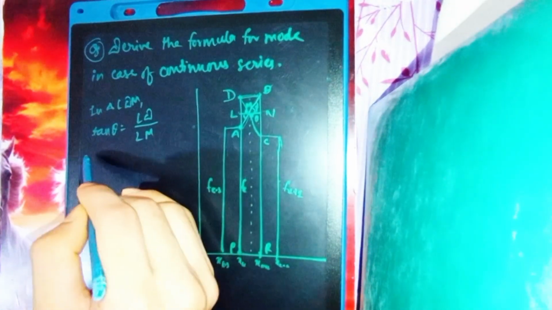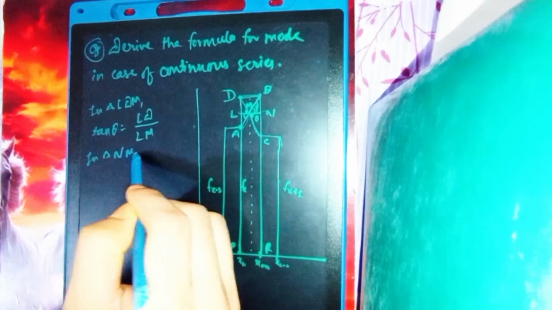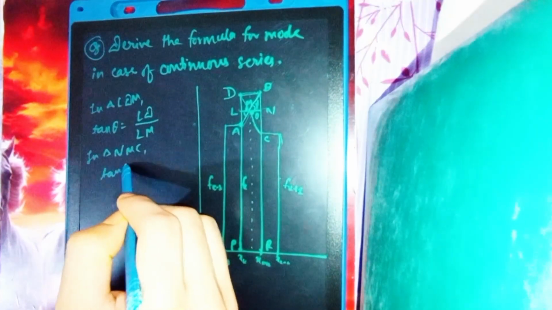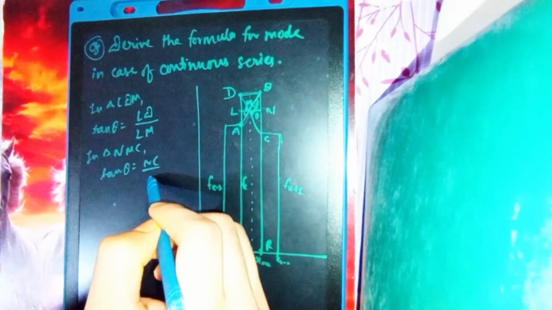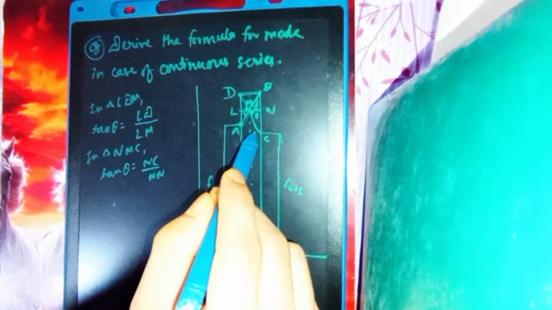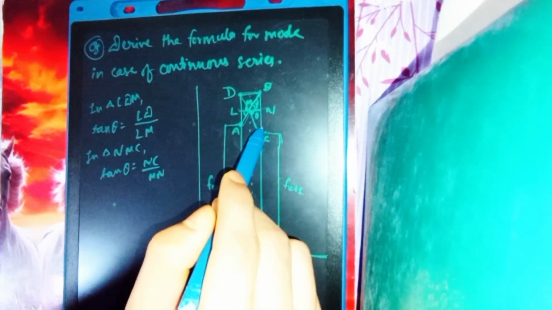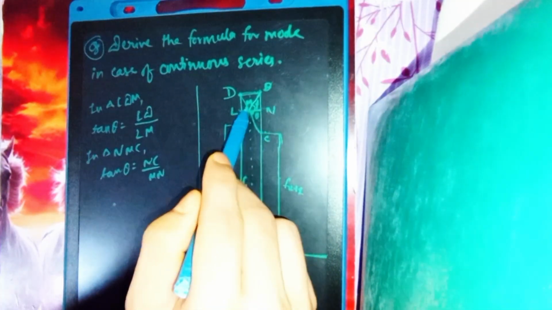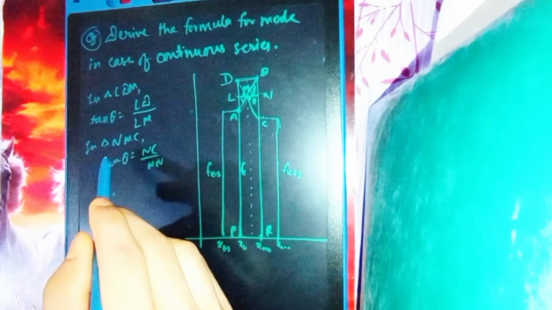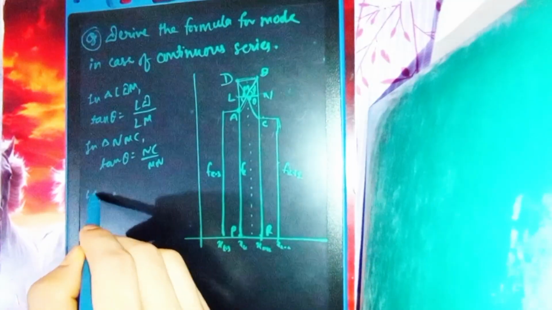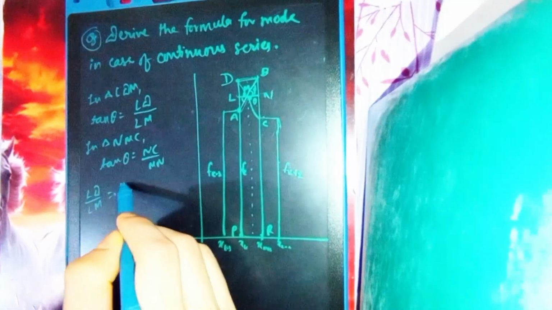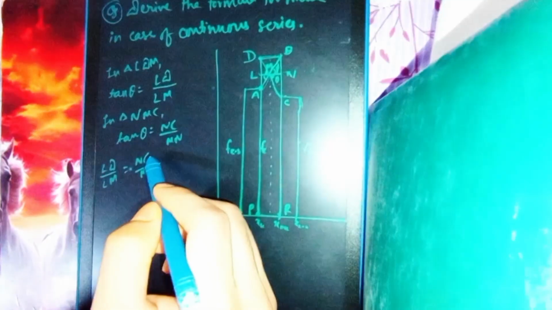In triangle NMC, tan theta will be NC by MN, perpendicular upon base. Both are equal as they are tan theta of vertical opposite angles. So LD by LM is equal to NC by MN.